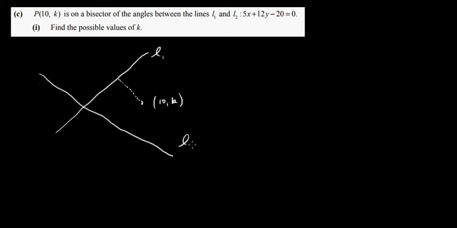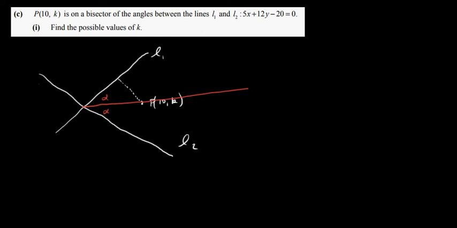Okay, so this is L2 here, and we're told that the point P is on a bisector of the angle between these two lines. In other words, if we bisect the angle between these two lines, we'll get a line that looks something like this, where this angle here is equal to this angle here. And we're told that this bisector contains the point P, which is 10, k.